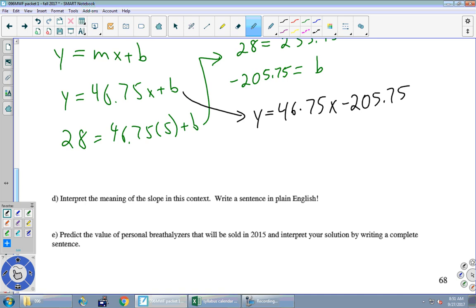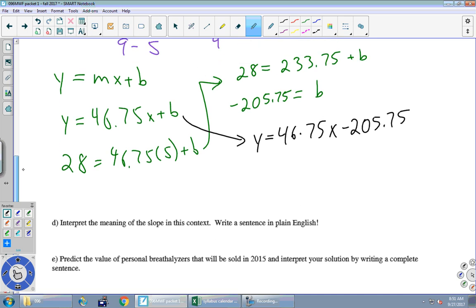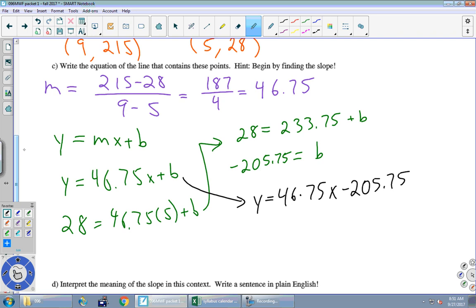And the way that I always do slope interpretations is to start with the units. So let's come back up here to our purple calculation. 215 and 28. What were the units of those two numbers? Millions of dollars, right? That's on top. Downstairs, I had a 9 and a 5. What were they measured in?